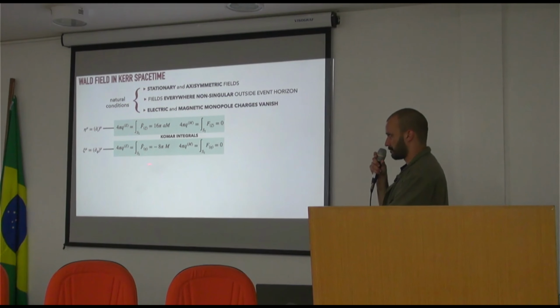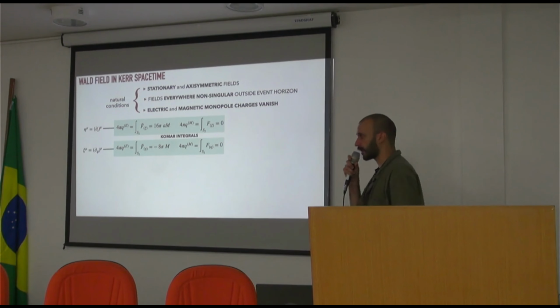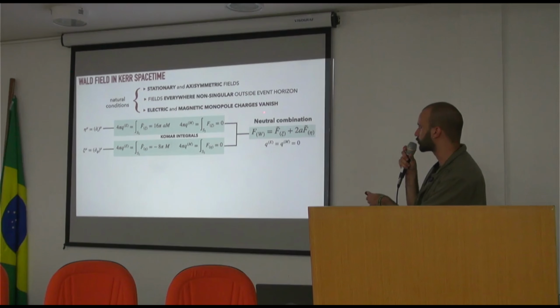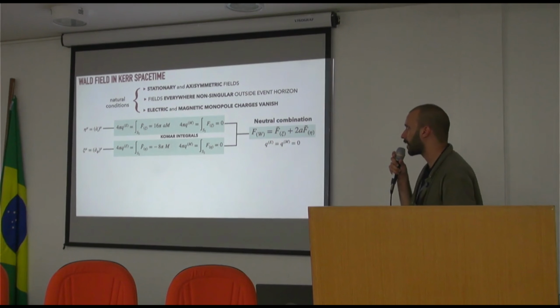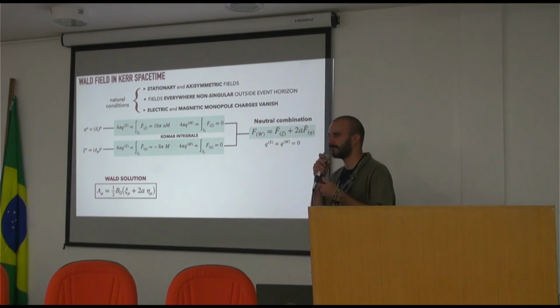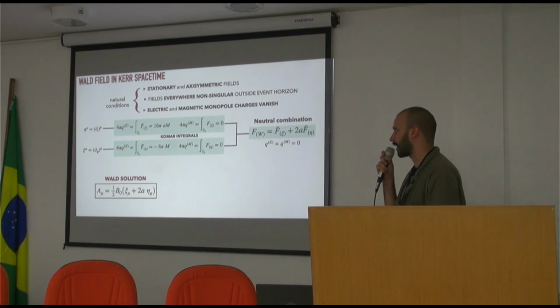But since a linear combination of two Killing vectors is still a Killing vector, we can mix these two fields and construct a natural solution which has vanishing electric and magnetic monopole charges. And this solution is what we call the Wald solution, which is really a milestone of black hole electrodynamics.